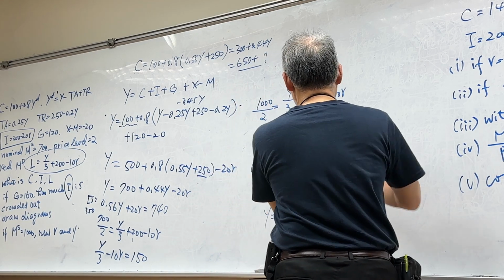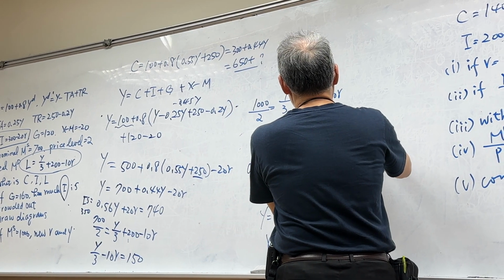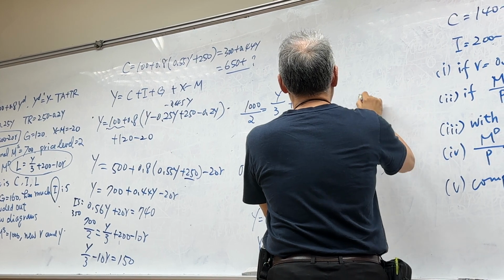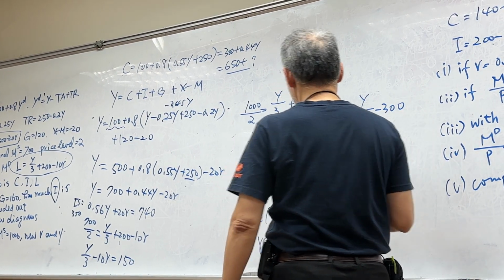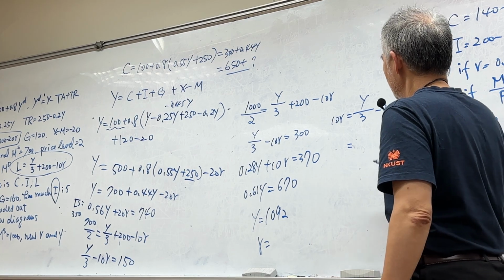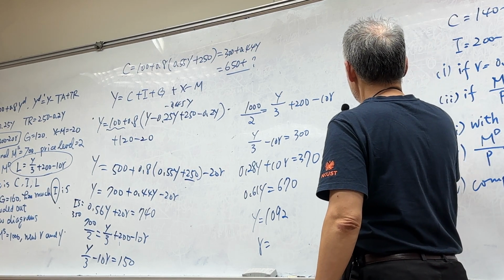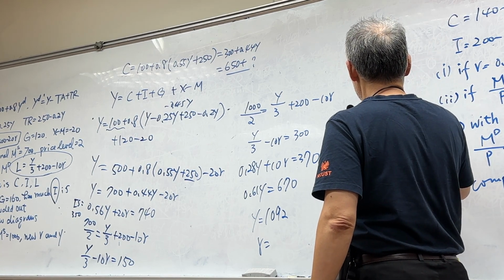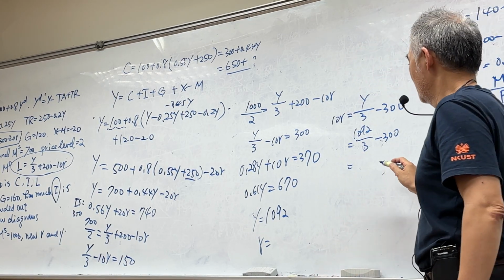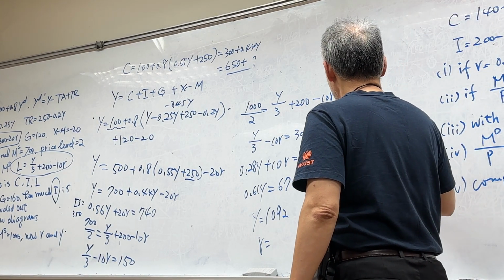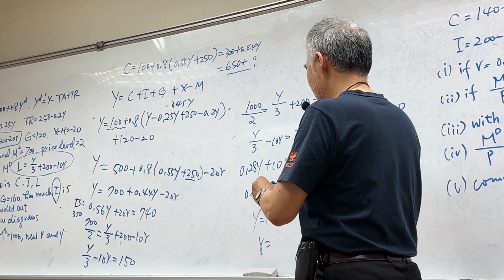So r is, here, 10r is equal to y over 3 minus 300. So I guess it will be 1092 divided by 3 minus 300. So, about 6.4.